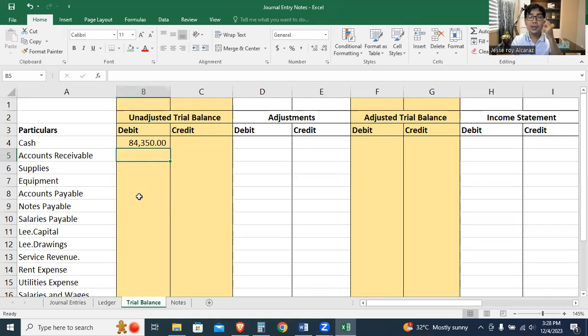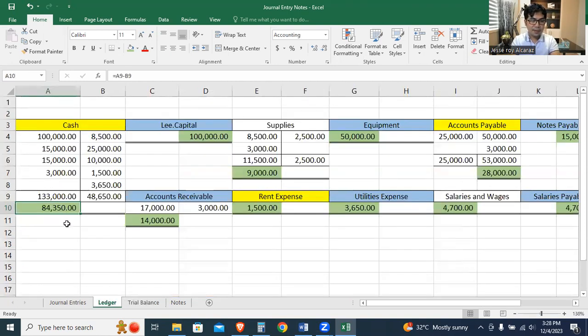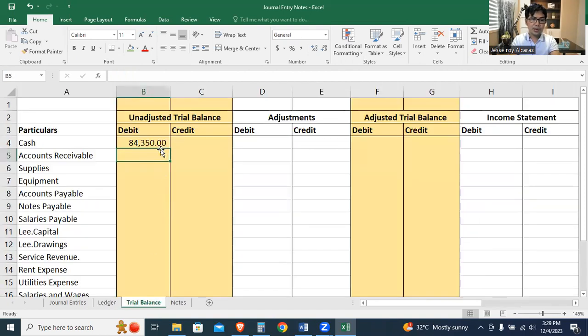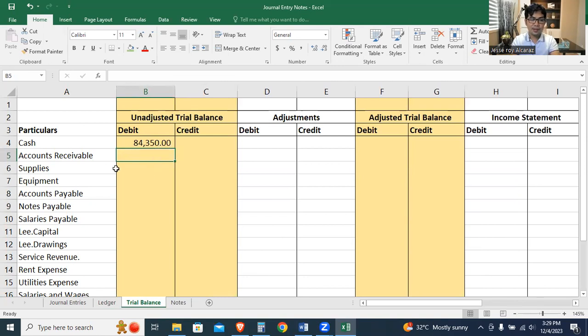By the way, whatever the balance is in the ledger, it will be the same side in the trial balance. For example, cash has a debit balance of 84,350, so make sure you put the balance of cash on the debit side.